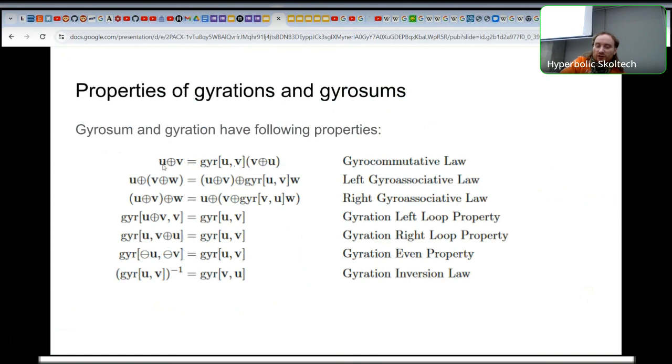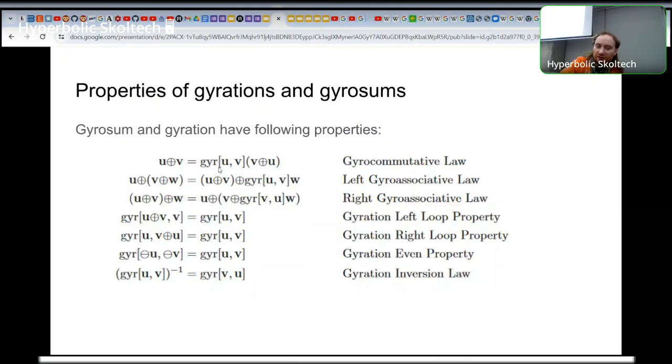If you take U plus V, then it is V plus U taken with the gyrator operator of U and V applied. That is the idea behind why this gyrator operator is appearing. This is just a transformation between these two sums.